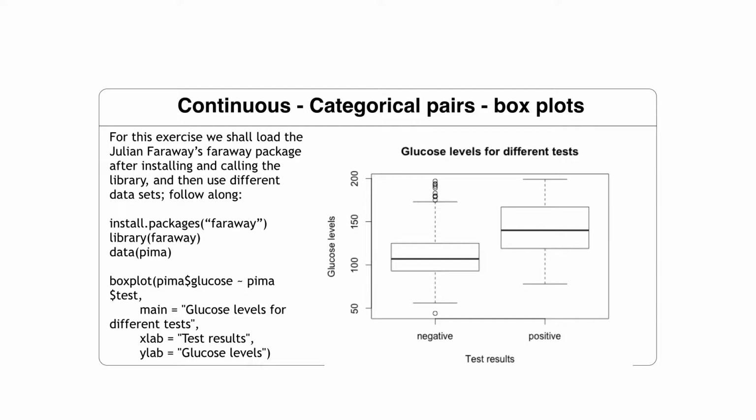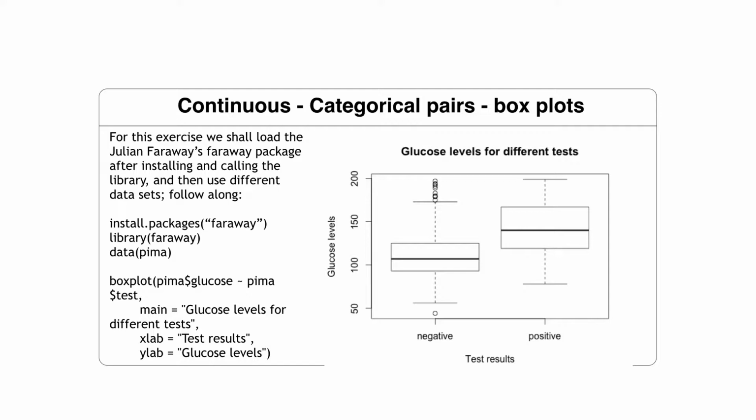Think of the dataset as a box, and within the box you have all of these other objects, which are the variables. In this case we are talking about glucose and the test as two variables, and the box is pima. In order to extract the particular variable from the box, you use the identifier, the dollar sign.